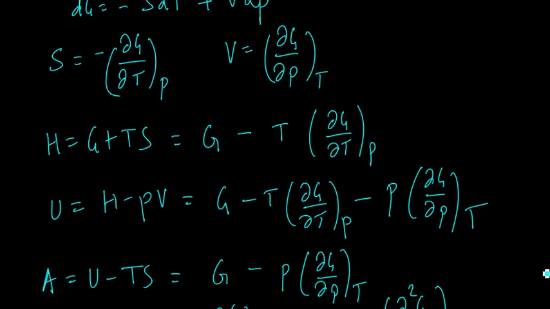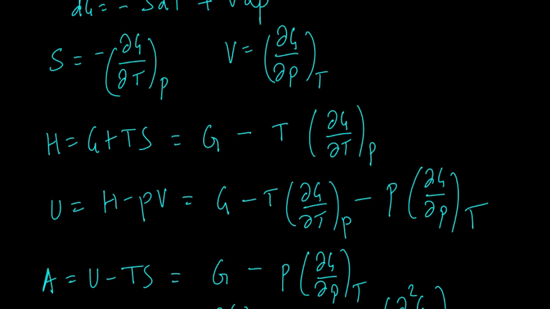Okay, we had seen just now that S is equal to minus del G by del T at constant pressure. So if I plotted G as a function of T, then S was the slope. Volume, that's the change of Gibbs free energy with pressure, right?